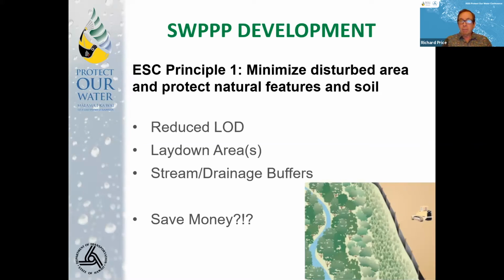If you can reduce your area of disturbance, by definition, you're going to reduce the amount of sediment you can potentially generate. You're going to reduce the number and variety maybe of BMPs that you have to install. And all of these things can save you money.